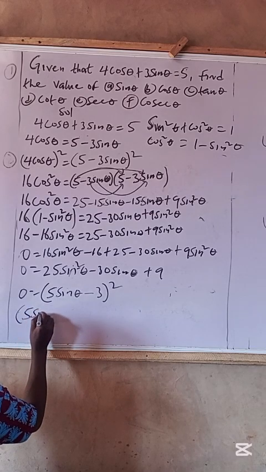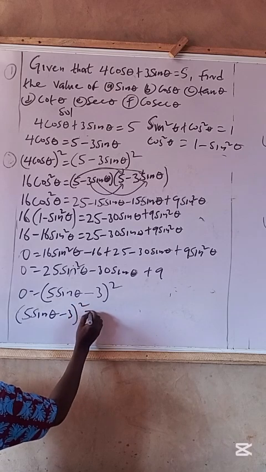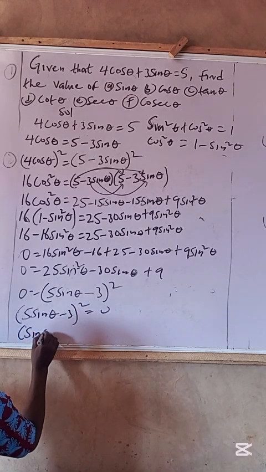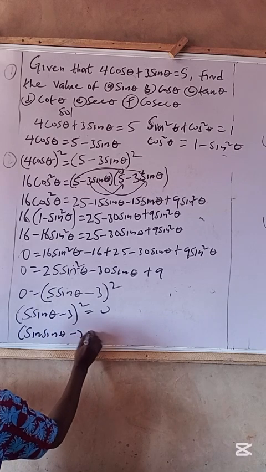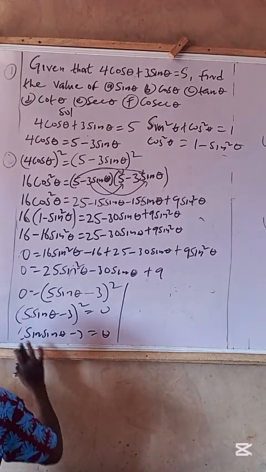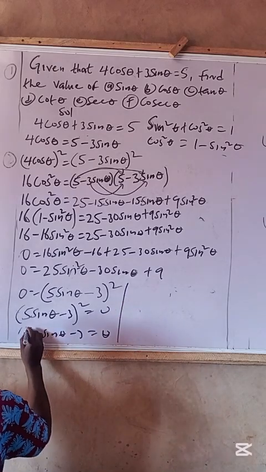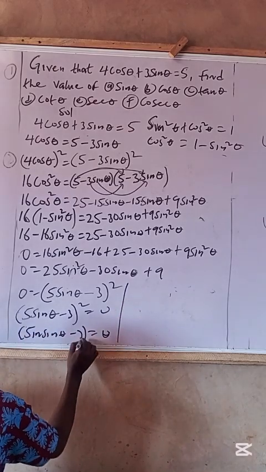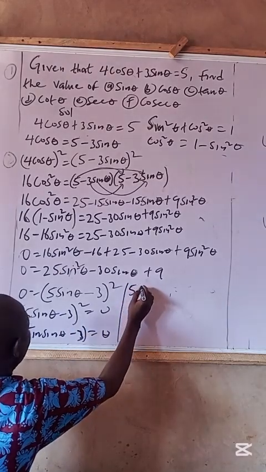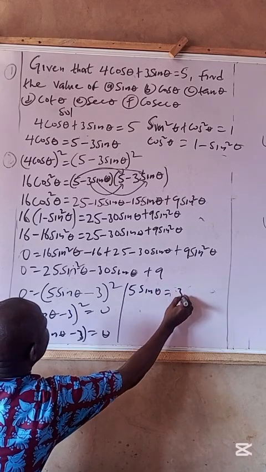It means that 5 sin theta minus 3 all squared equals 0, or 5 sin theta minus 3 equals 0, which means 5 sin theta equals 3.